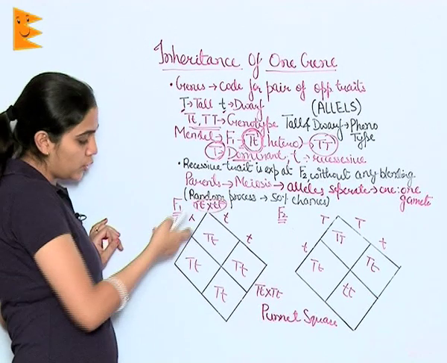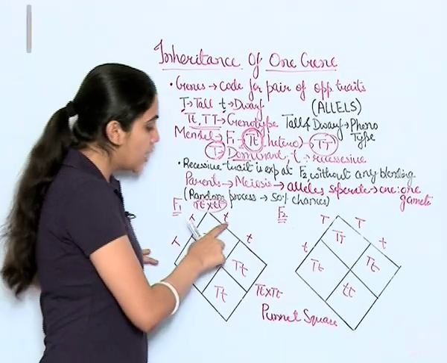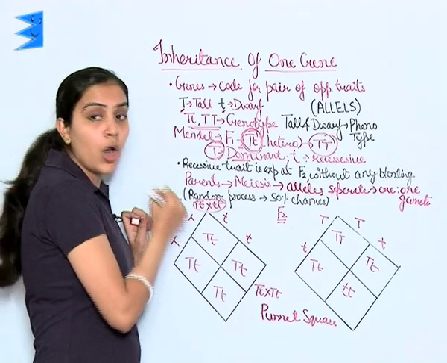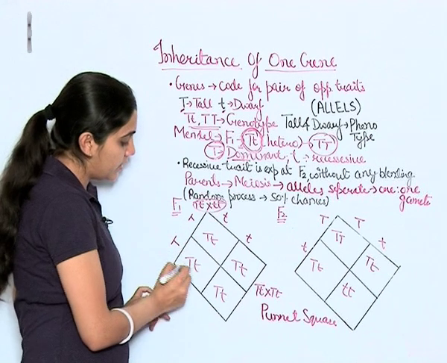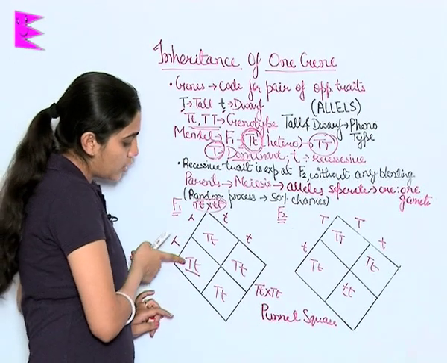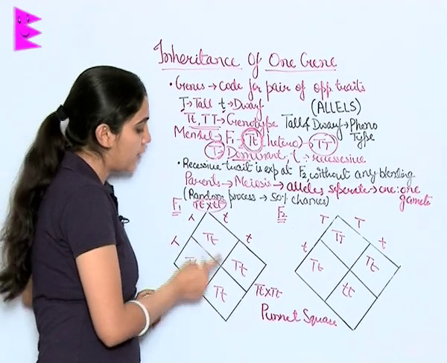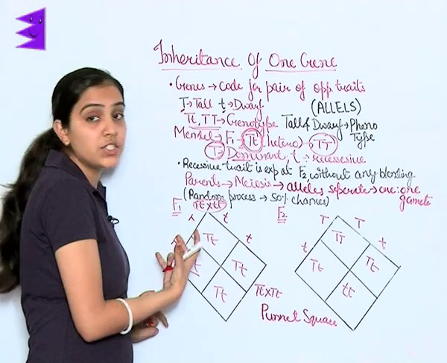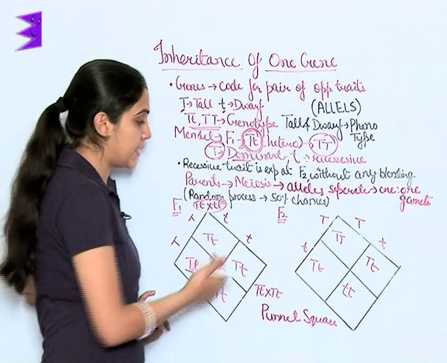So, 2 tall characters are here, 2 dwarf characters are here. What we found is that all plants were tall, but their genotype was tall-dwarf. Hence, it showed that tall was dominant and dwarf was recessive.